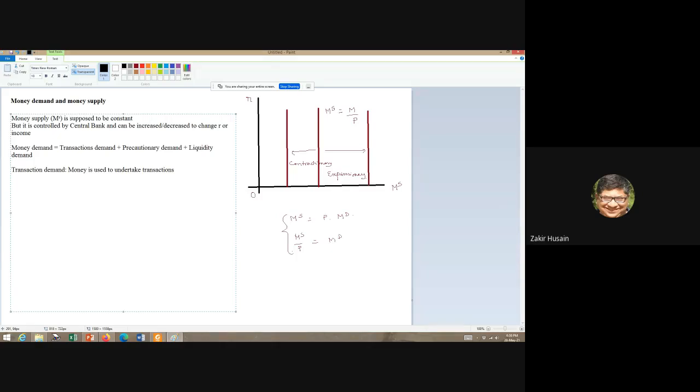And you have to decide how to allot this 1000 rupees as either money or as bonds.